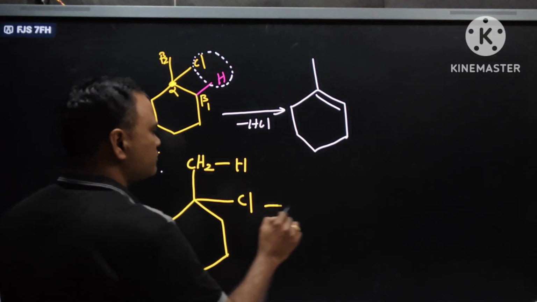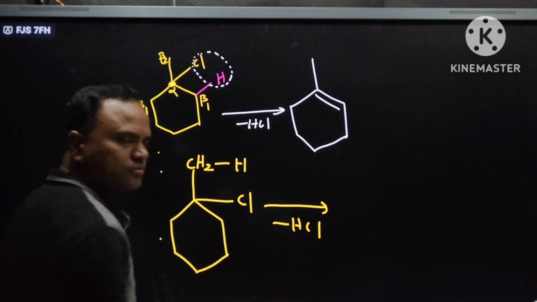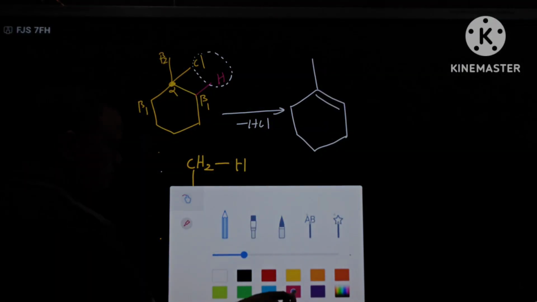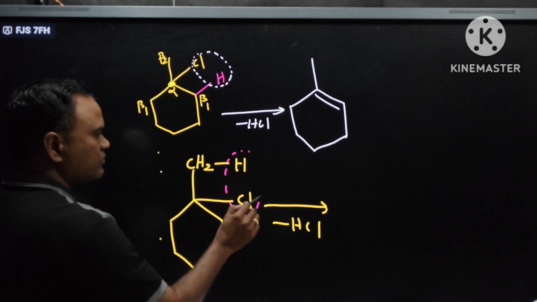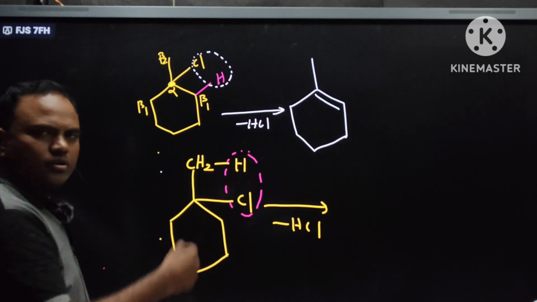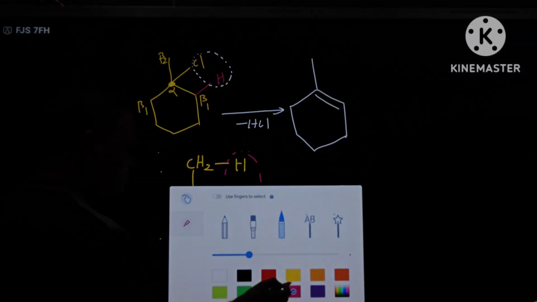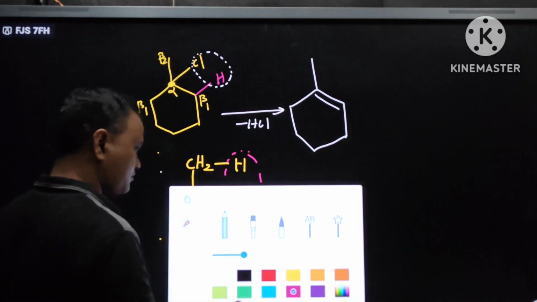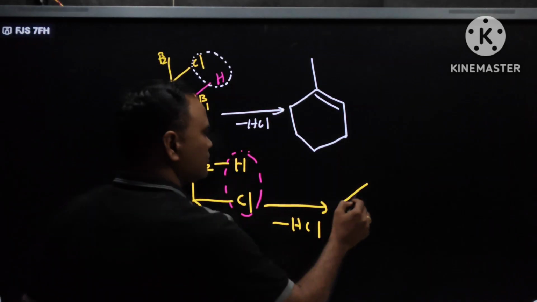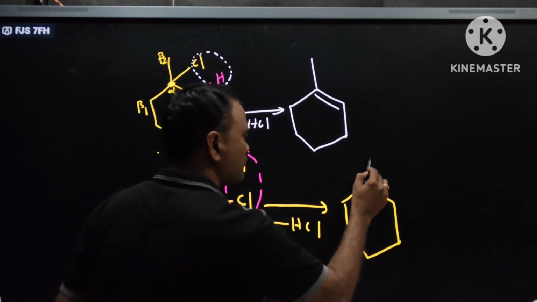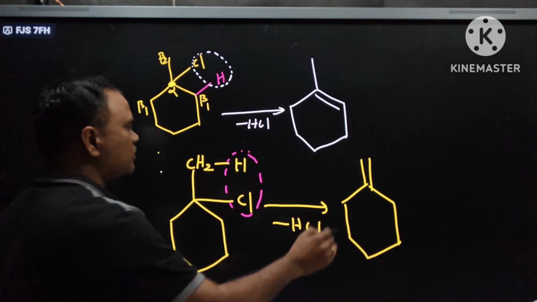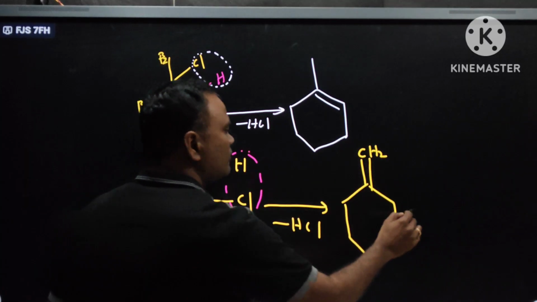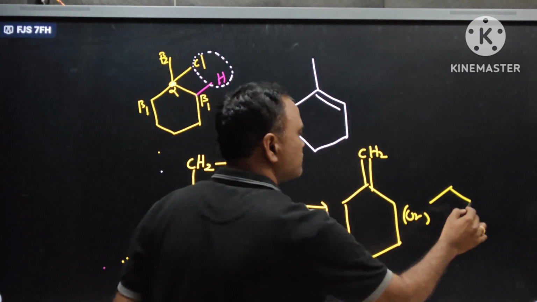Now remove these two. Here you will get a double bond. This can be represented like this.